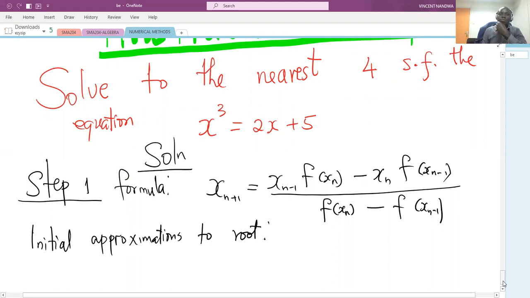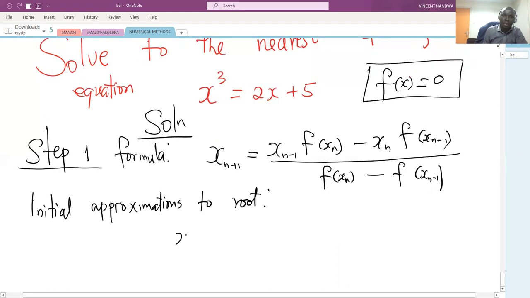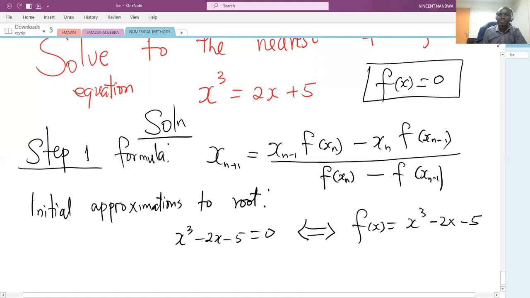So the first thing, let's rearrange our equation in the form f(x) equals 0. This is obtained by writing x^3 minus 2x minus 5 equals 0. From this, the function f(x) is x^3 minus 2x minus 5.